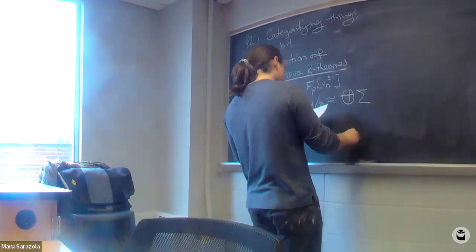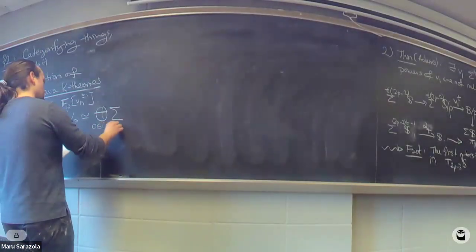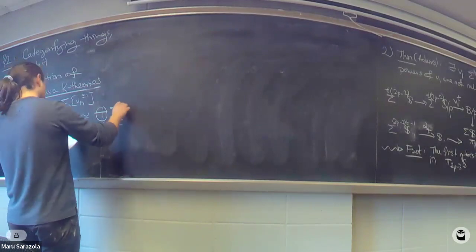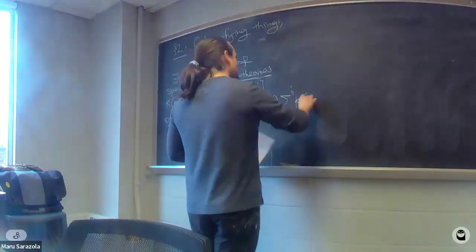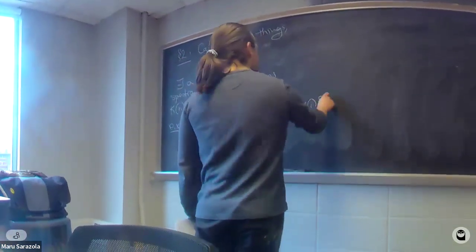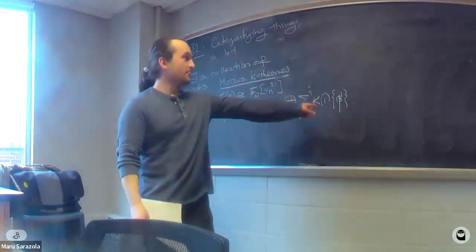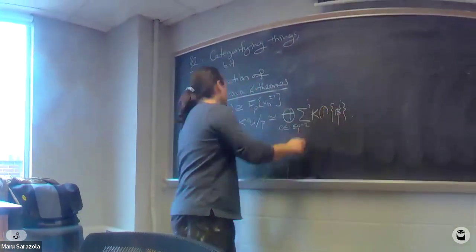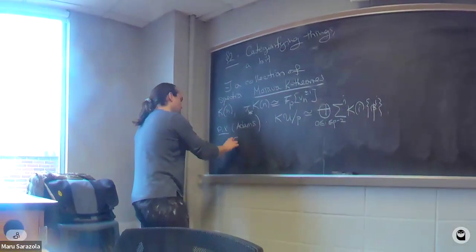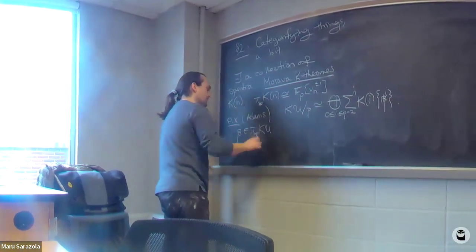So let's get the indices right. The sum from i equals 0 up to P minus 2 of Sigma to the 2i K1. And maybe I'll just write this as beta to the i, where beta is not the beta family, but rather the Bott element, the Bott class, which lives in pi star of KU.